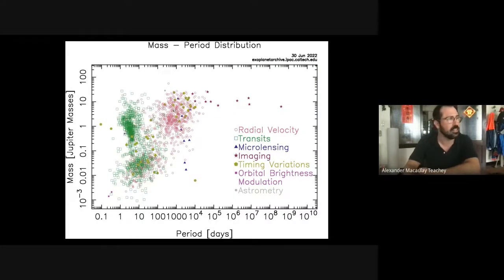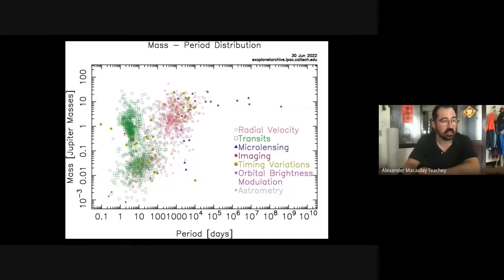Here are some quick demographics of the planets that we've discovered. This is mass on the y-axis and orbital period on the x-axis. Our Earth, by the way, is right around here. So you can see that the planets that we have discovered so far are really not very Earth-like at all. Instead, what you can see here are those observational biases that I was mentioning before.